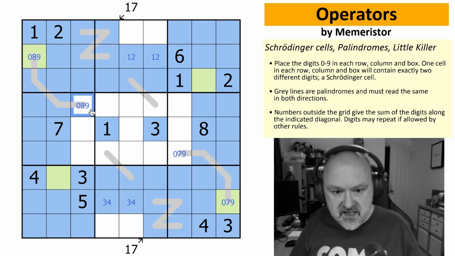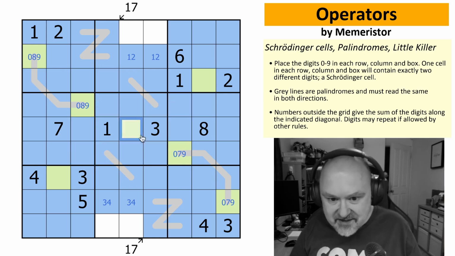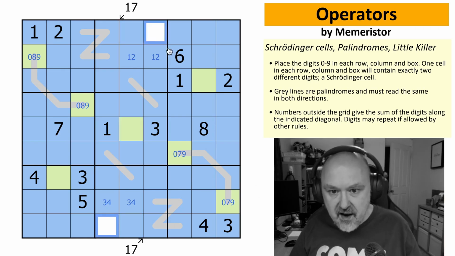These two must be identical. So that is a Schrödinger cell. That is a Schrödinger cell. So that and that and that and that are not Schrödinger cells. That is now a Schrödinger cell, which knocks those out from being Schrödinger cells. And now we've got the position of all the Schrödinger cells in the grid.